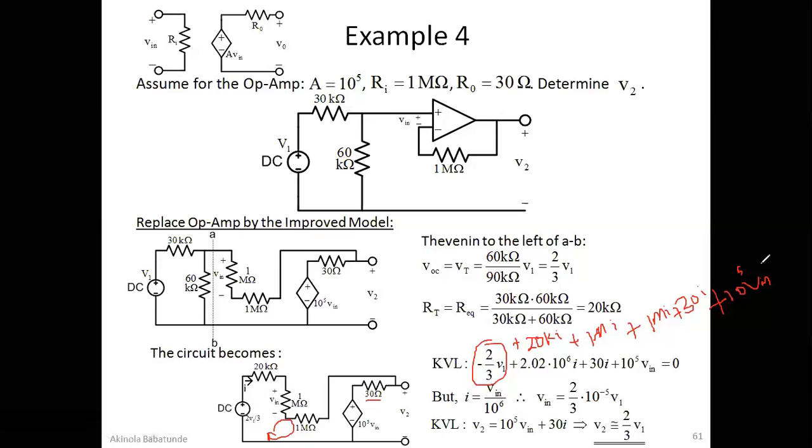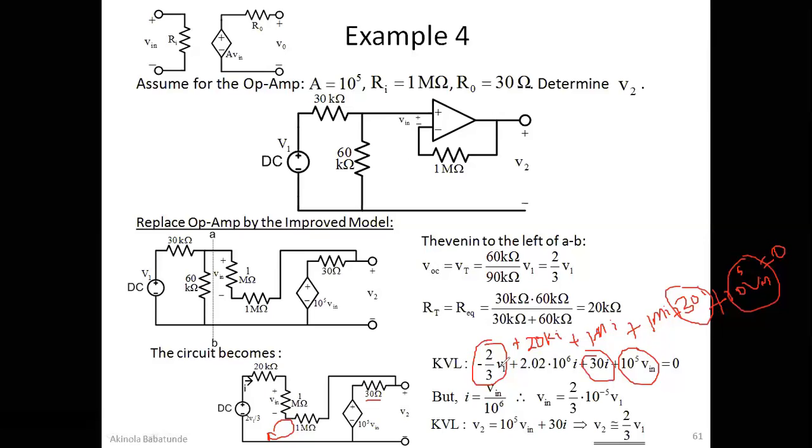So if you sum everything up, by KVL everything will be equal to 0. So this 10 raised to power 5 V in is what we have here, this 30 is what we have here. So far, what we have done is correct.